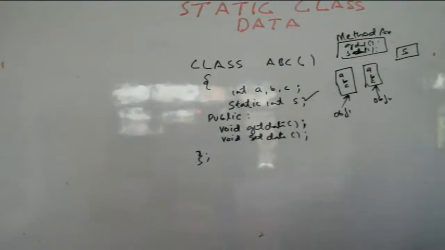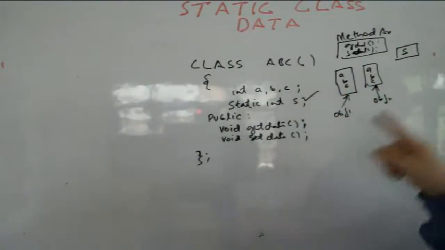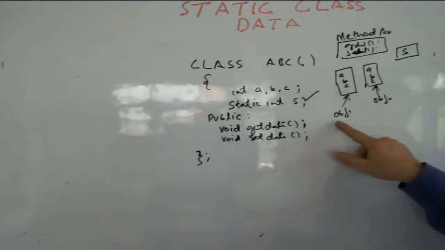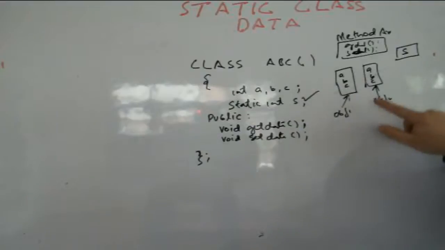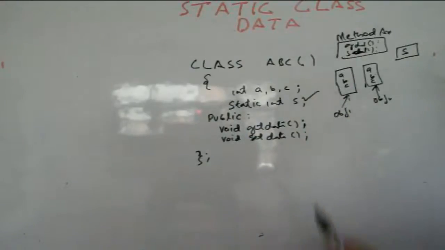That means if object 1 alters A, B, C, it will not be reflected in object 2, because A of object 1 is different than A of object 2, but S of object 1 is same as that of object 2. That means if object 1 increments, for example, S, that will be reflected in object 2.